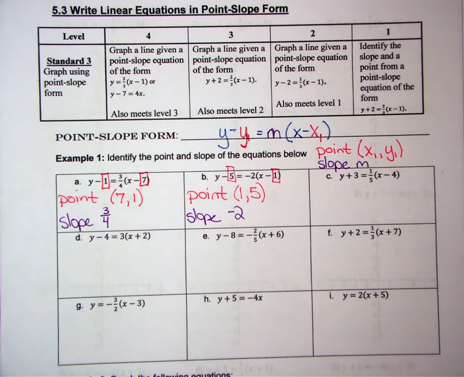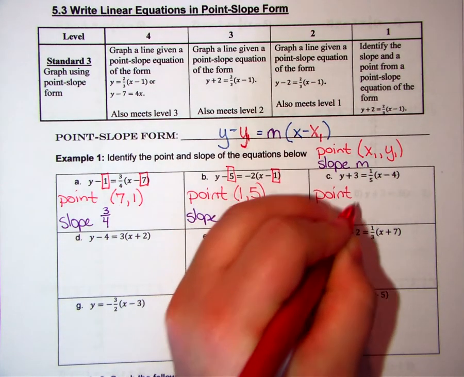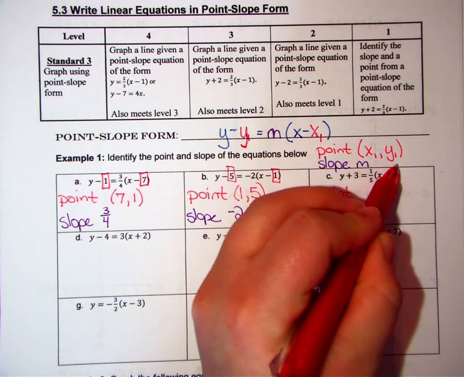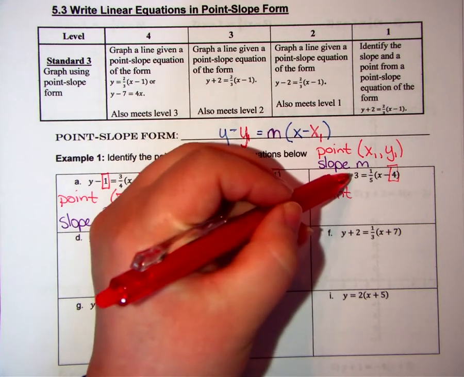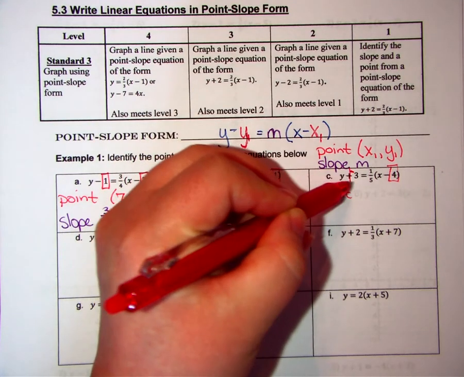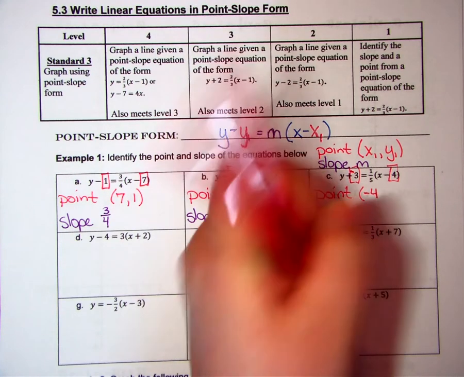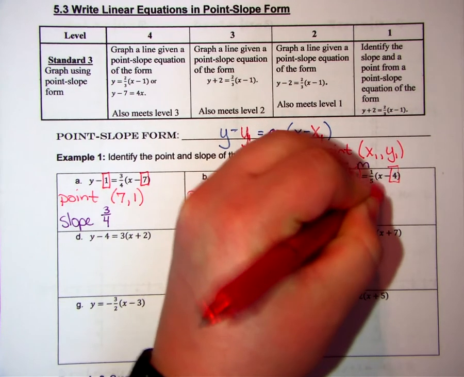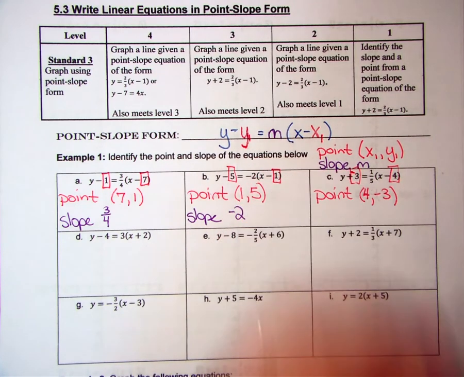Let's take a look at C. My point first. This looks like a -4, which means it's really a +4. And this looks like a +3, which means really it's a -3. +4, -3.